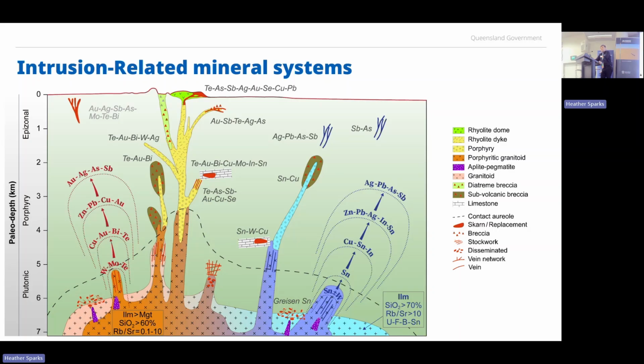But these could be the best signatures on the ground of the presence and activity of a mineral system, with a high likelihood of good deposits of different kinds and sometimes of different commodities. And I think that's all I have time to say about this synthetic model of intrusion-related mineral systems regardless of commodity.